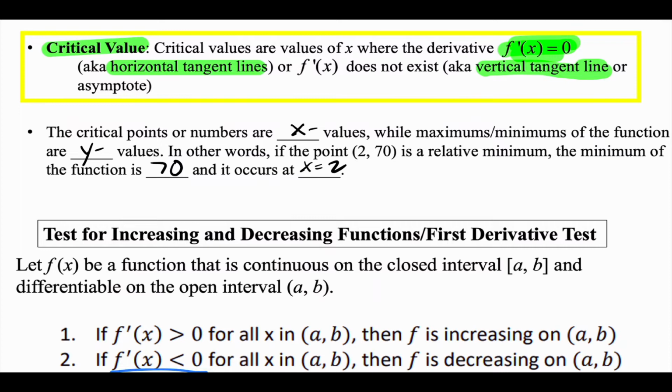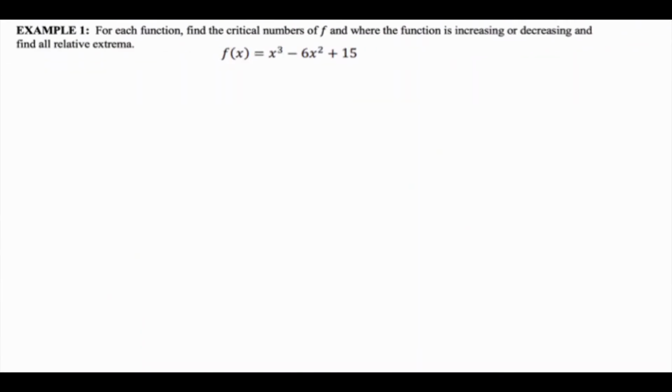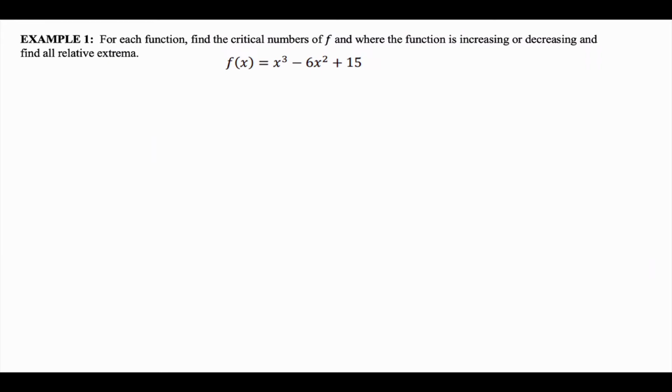Derivative what? There you go, right here in the green. Find where the derivative has to be 0. So we have to find the derivative and then set it equal to 0. Okay? All right, so that's what we're going to do.